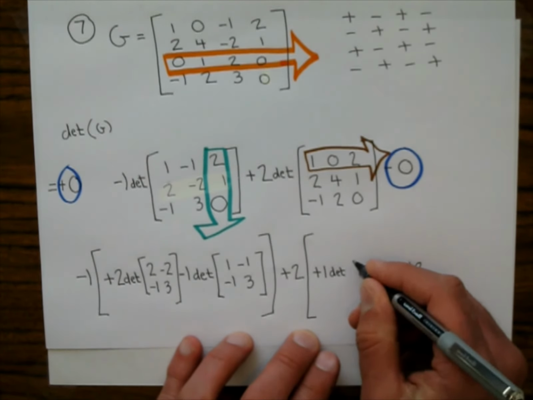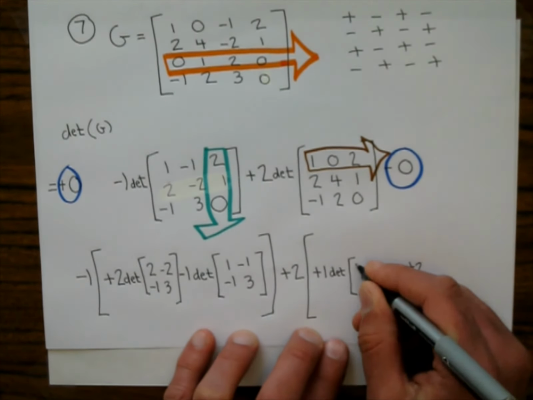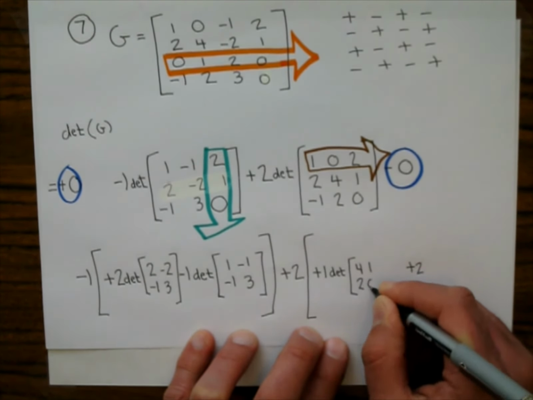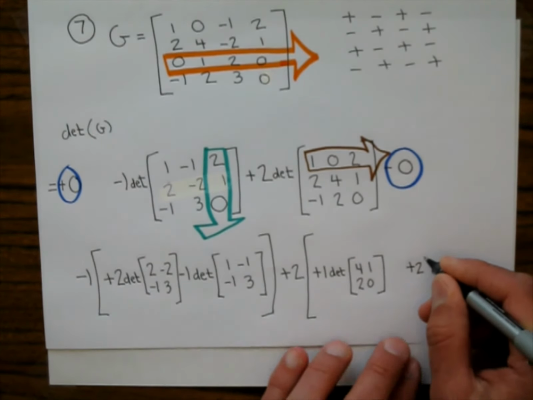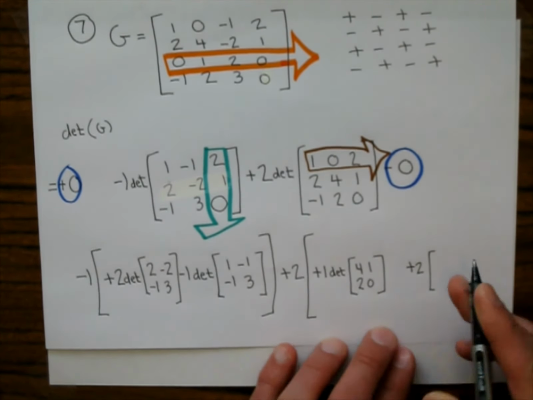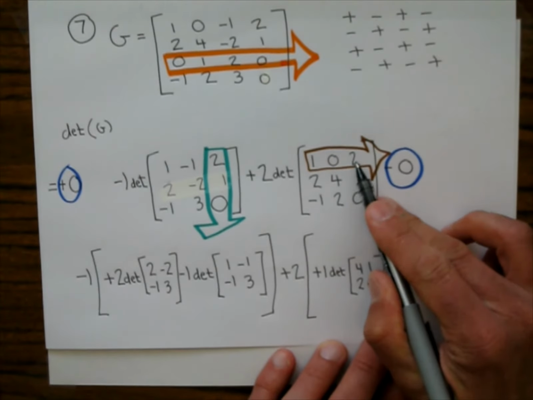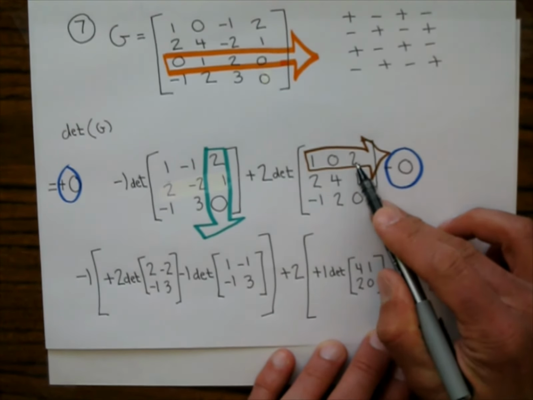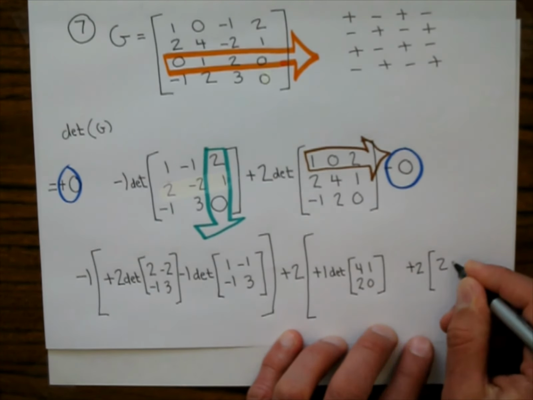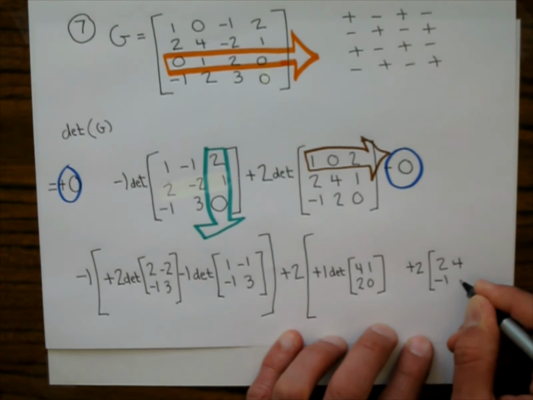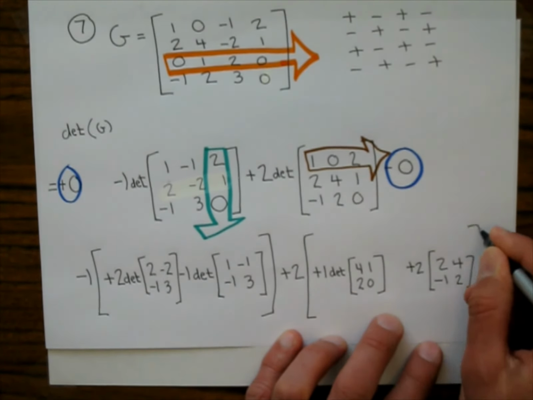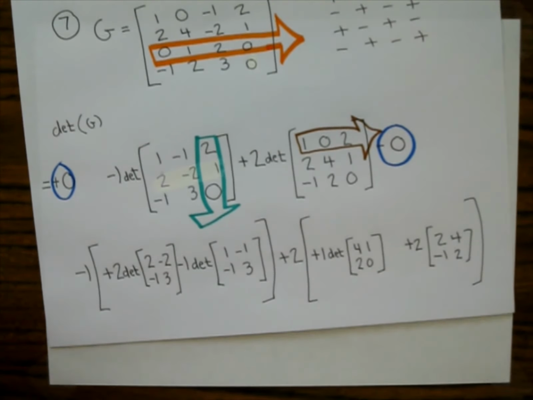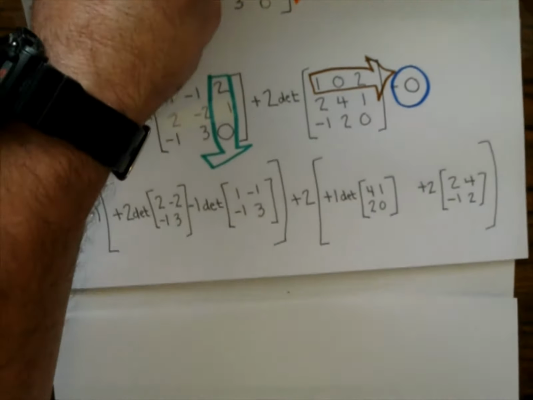So 4, 1, 2, 0. And then this is going to be 2 times the matrix gotten by covering up the row and column that have that 2 in it. So 2, 4, negative 1, 2. Okay, we're going to have to go on to another piece of paper on this one.